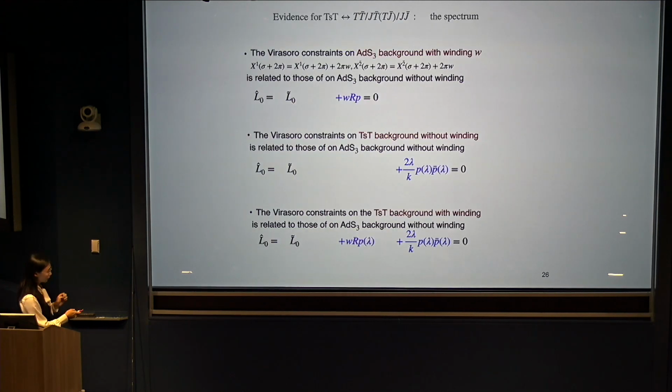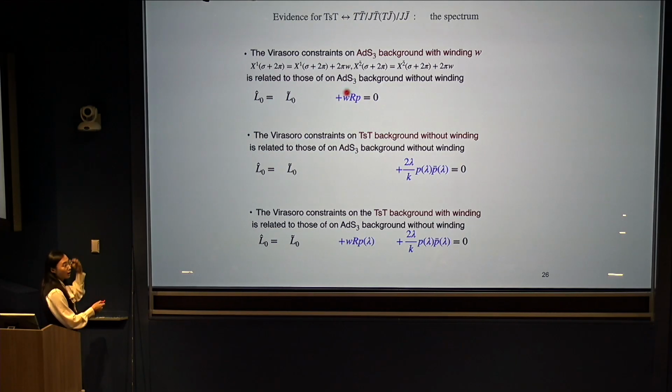So there's more detail about what's going on here. If you start with certain periodic solutions, you plug them into the Virasoro constraint, and if you introduce ordinary winding, it will lead to an additional term.